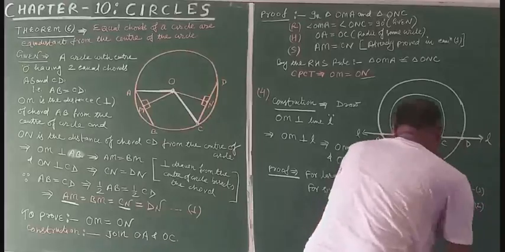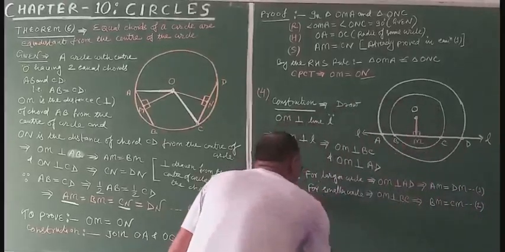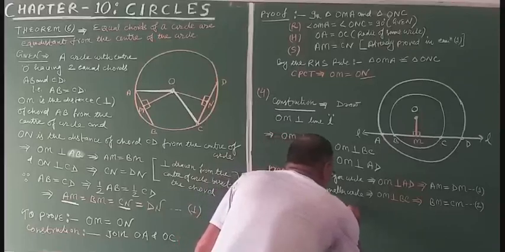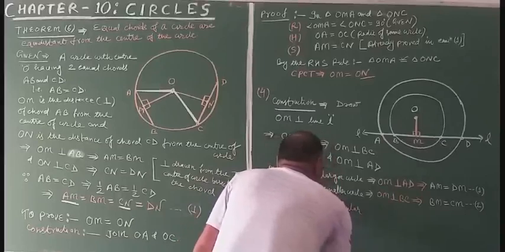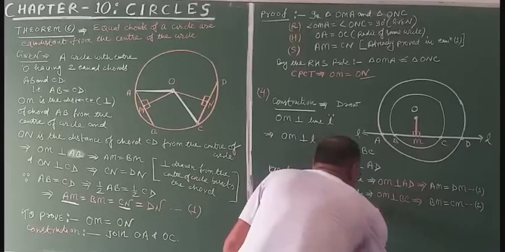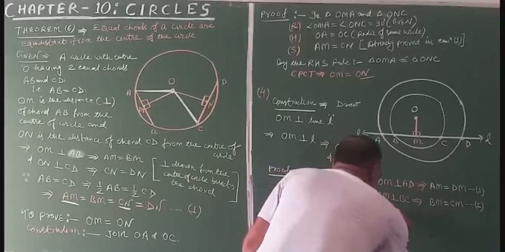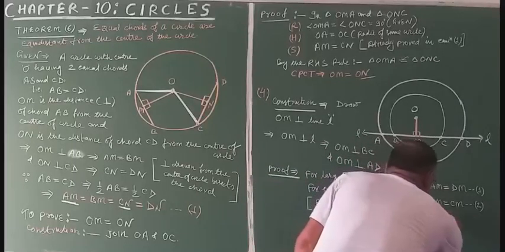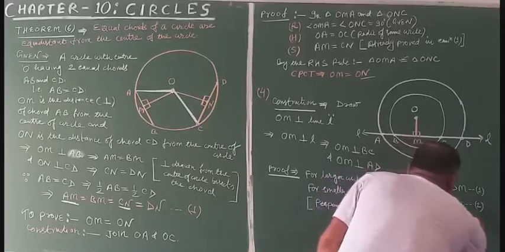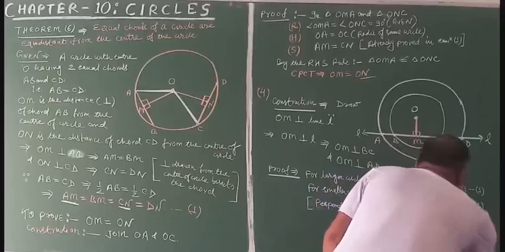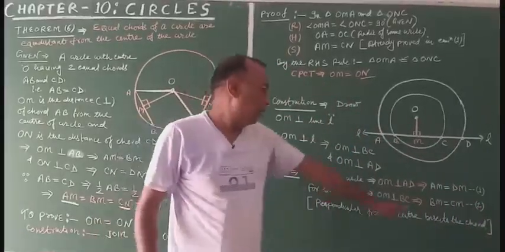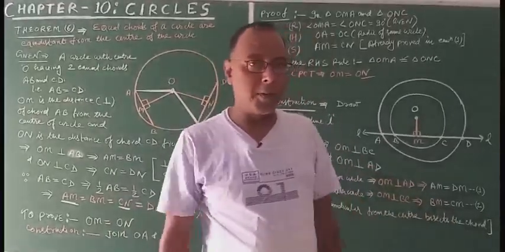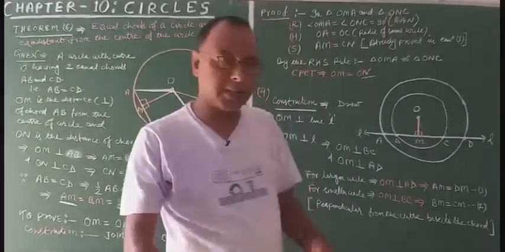The reason is the same, because the perpendicular from the center to the chord bisects the chord. Why is AM equal to DM and BM equal to CM? Because the perpendicular drawn from the center of the circle to a chord bisects the chord.